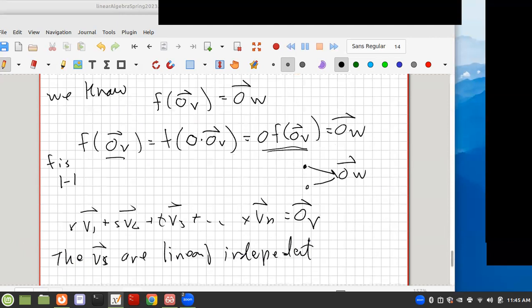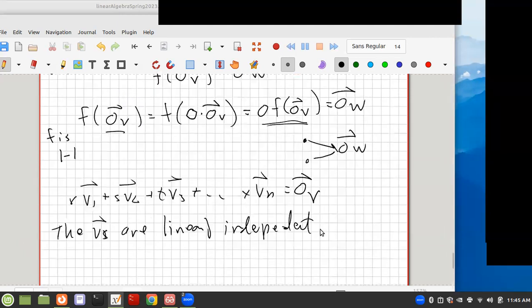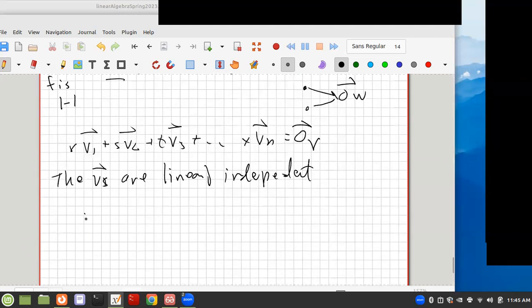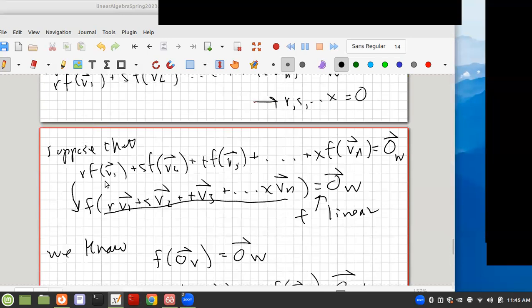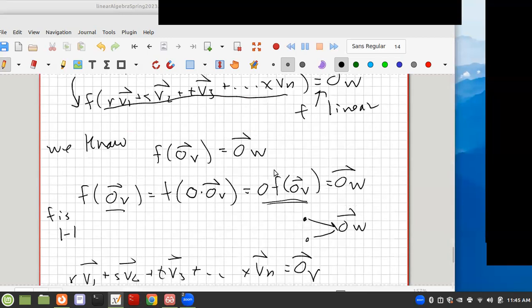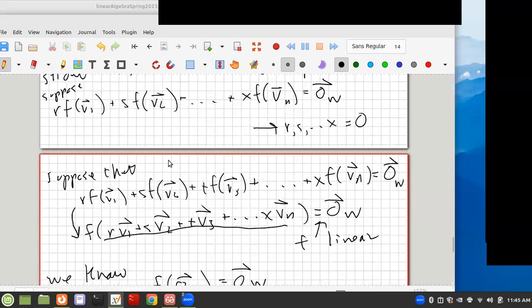We started off saying the V's are a basis, so they're linearly independent. That means R equals S equals T equals X equals 0. The only way this could happen is if all the coefficients are zero. We got this from the fact that the V's are a basis, and that's the condition that the F of V's are linearly independent. So because the V's are linearly independent, the F of V's are linearly independent. That's what F being linear and one-to-one and onto meant.